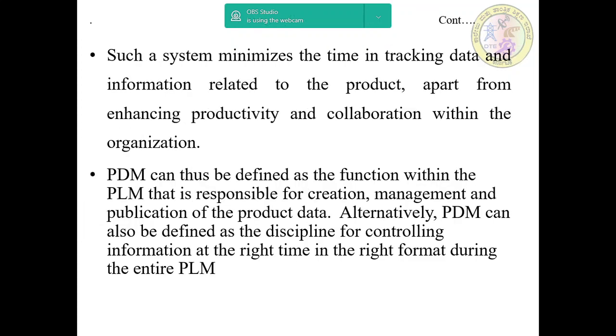Such a system minimizes the time in tracking data and information related to the product, apart from enhancing productivity and collaboration within the organization.